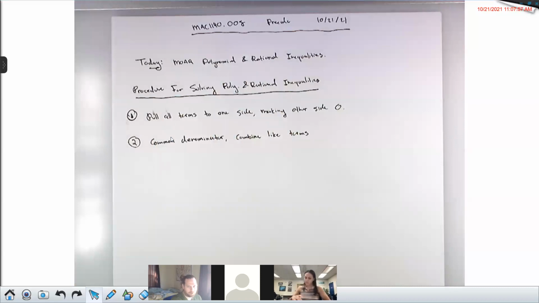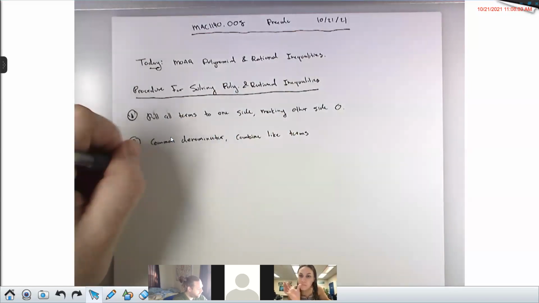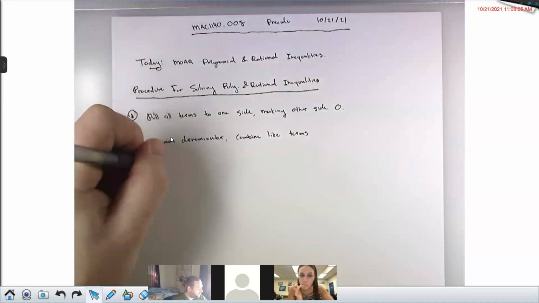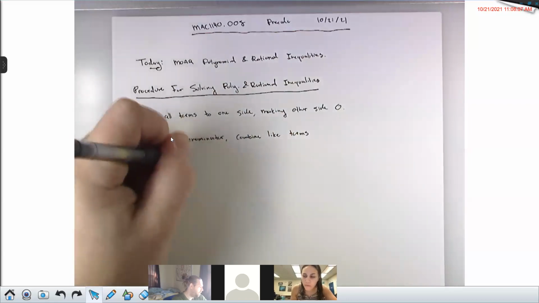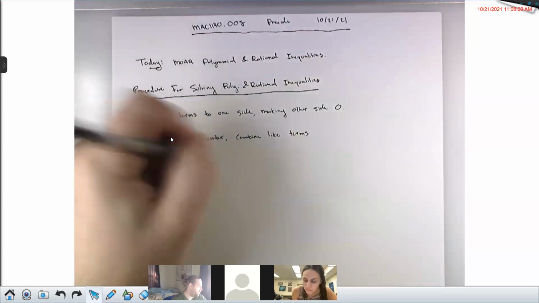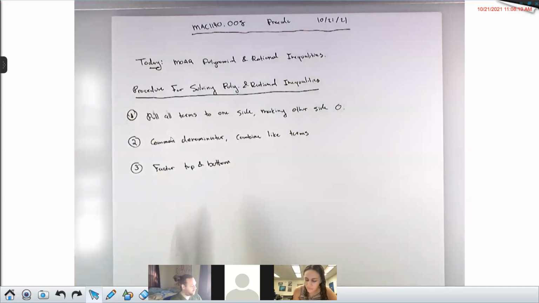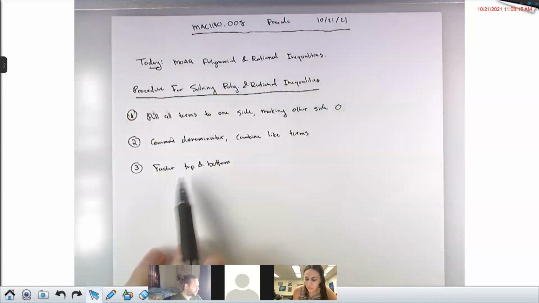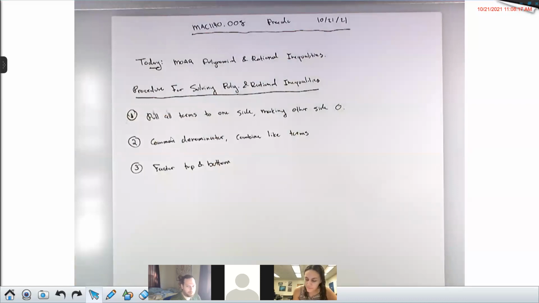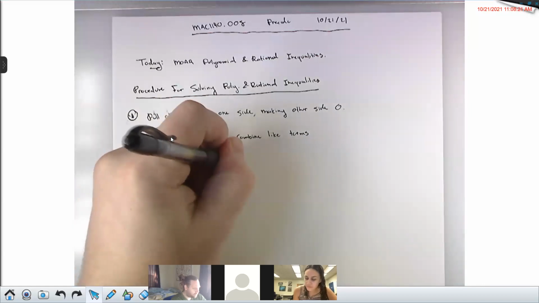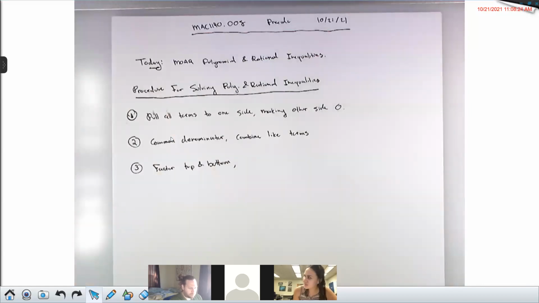And if there are rational functions, it should be a single fraction with all the like terms combined. After that, you're going to factor everything. Again, if this is a polynomial inequality, there is no bottom to factor. But if it's a rational inequality, then there will be a top and a bottom, and you need to factor both of those things. And also at this step, you're going to write down the numbers that come from those factors.